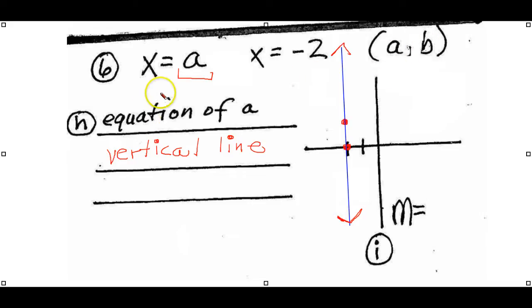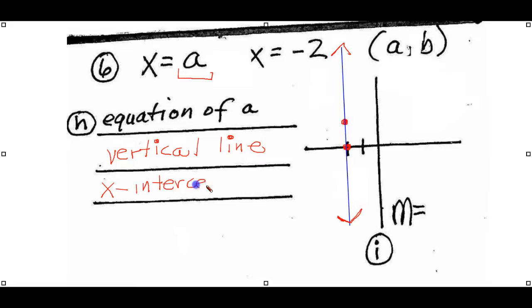So we had in 5 a horizontal line that went through the y-intercept at B. What do you think the A value is called? It's called the x-intercept.